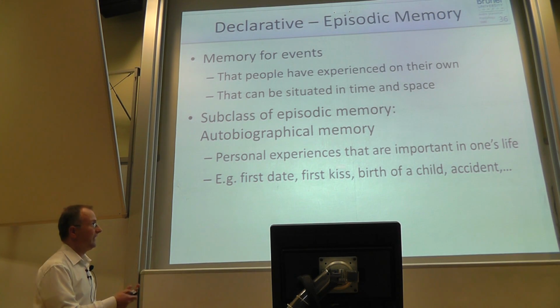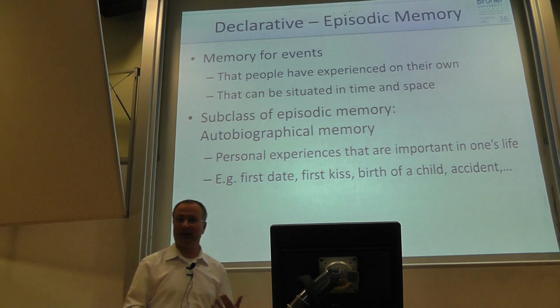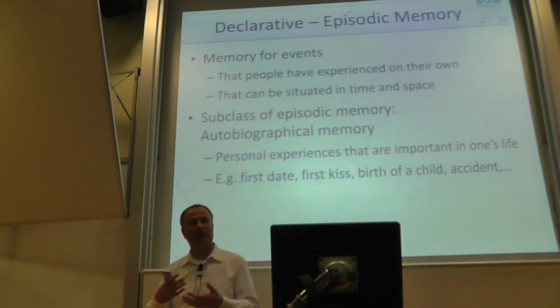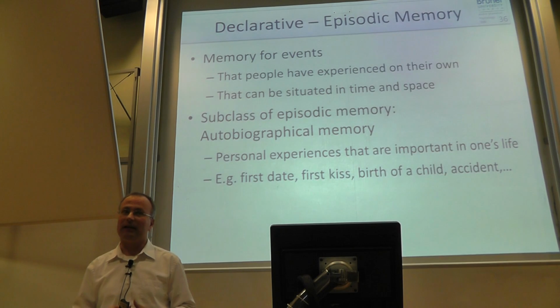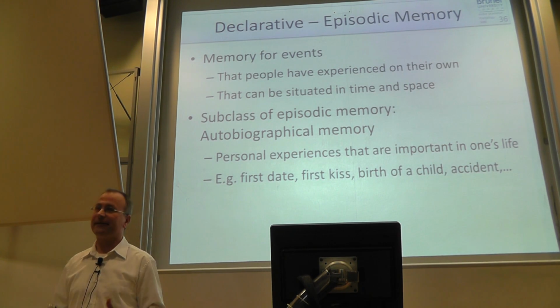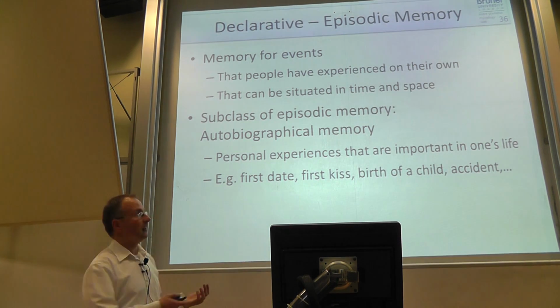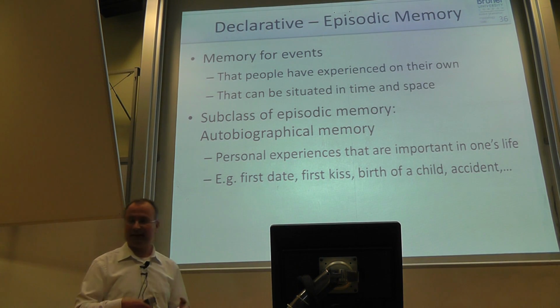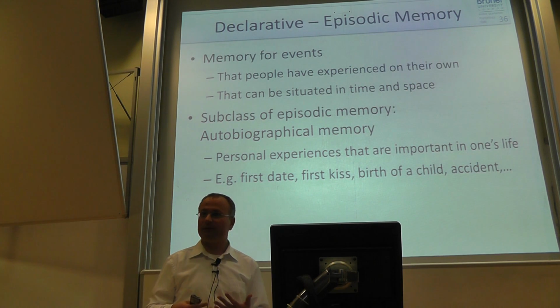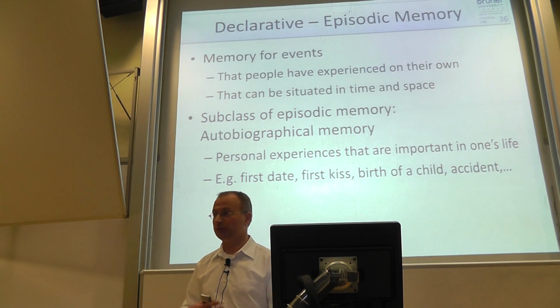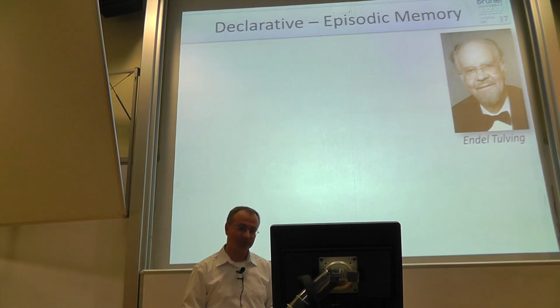It can be a first date, first kiss, the birth of a child, but also an accident we had, the loss of a family member or some friend, something like that. So more high impact events, so to say. And it has been shown that these types of events have somewhat distinct features, for instance, about how we forget them, at which time course and rate, and things like that.